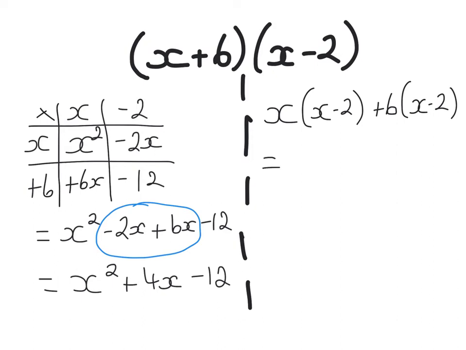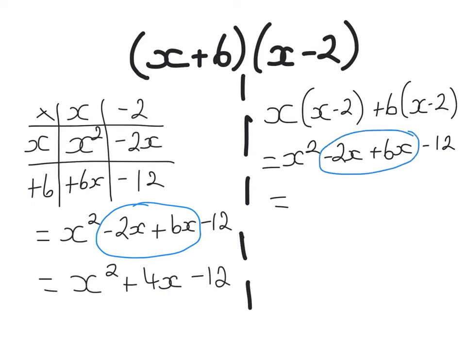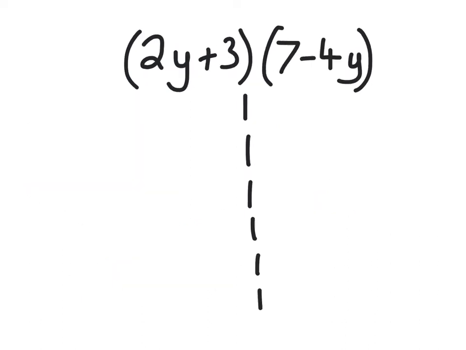So x times x gives me x squared. x times negative 2 gives me negative 2x. 6 times x gives me positive 6x. 6 times negative 2 gives me negative 12. And again, we are going to simplify, or collect these two terms together, in order to give me x squared plus 4x take away 12.